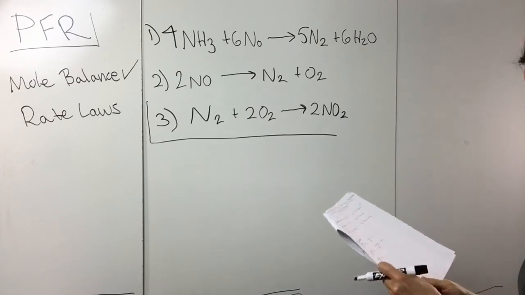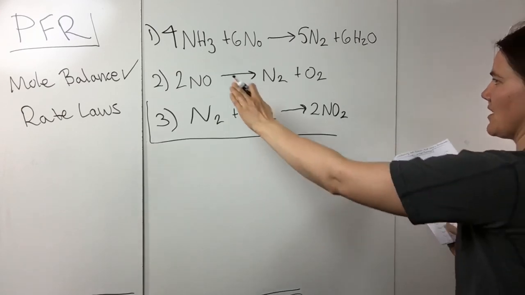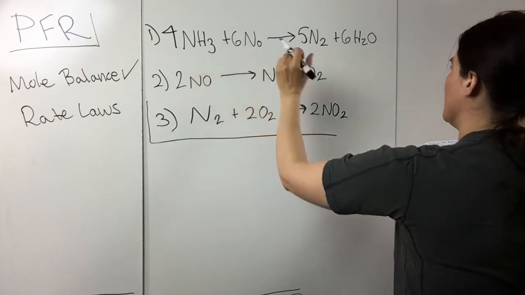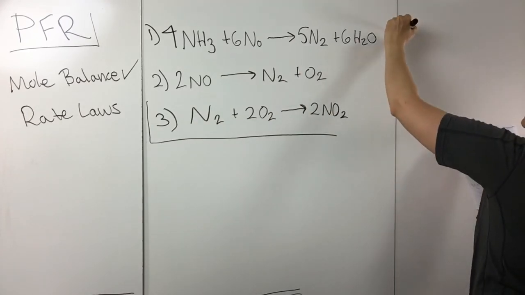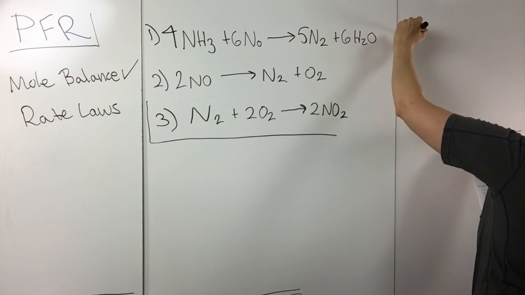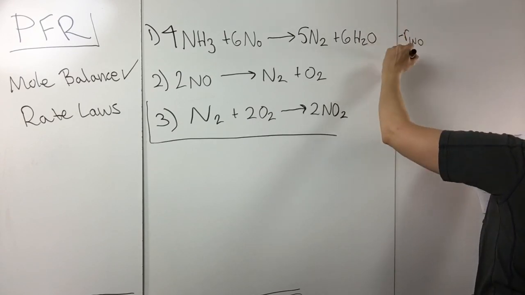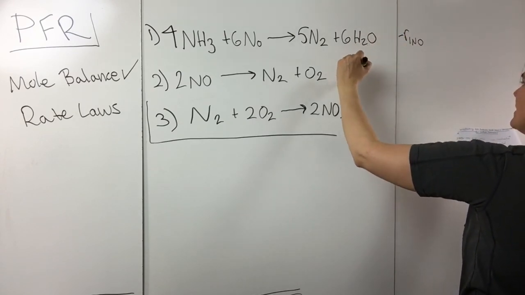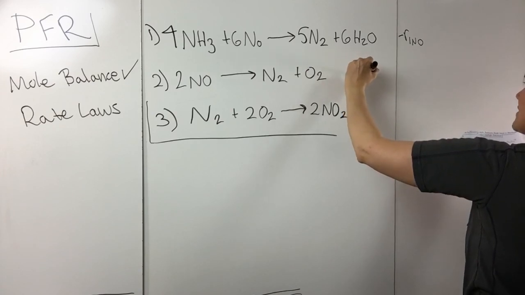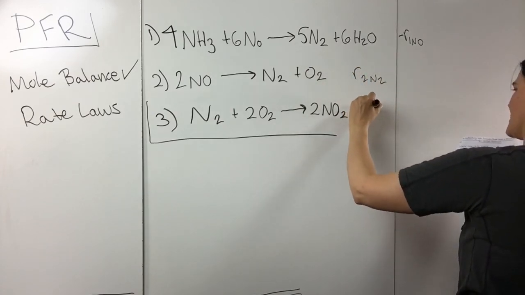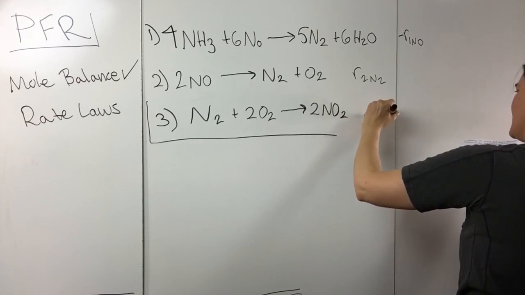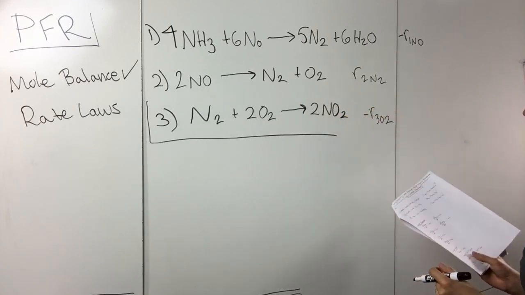So what we need to do is go through, and I'll write that down real quick. We were given minus r_1NO for this one. We were given r_2N2 for this one. And we were given minus r_3O2 for this one.